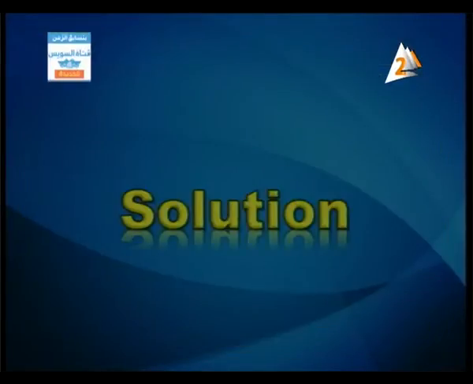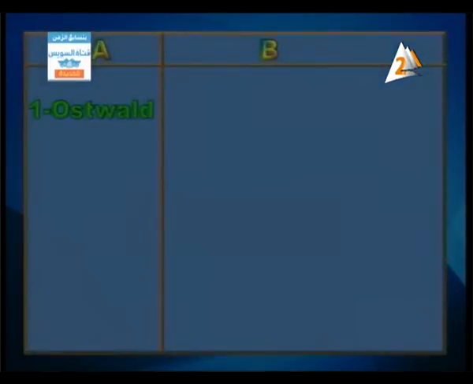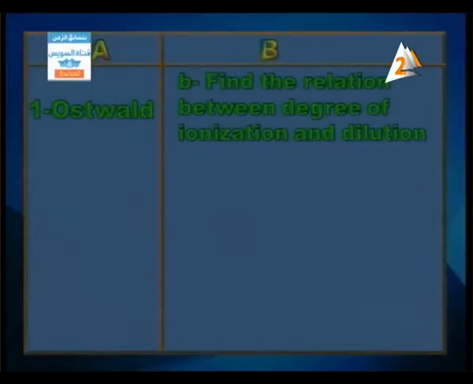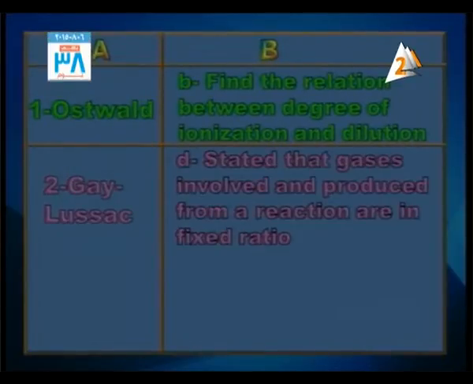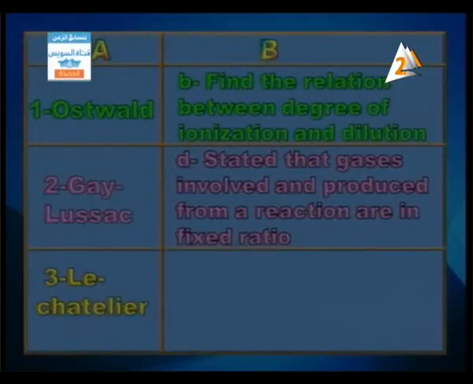If you think about it, my dear student, you will find the solution is: Ostwald found the relation between the degree of ionization and dilution. Gay-Lussac stated that gases involved and produced from the reaction are in a fixed ratio.